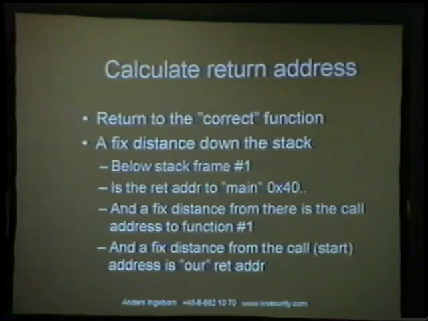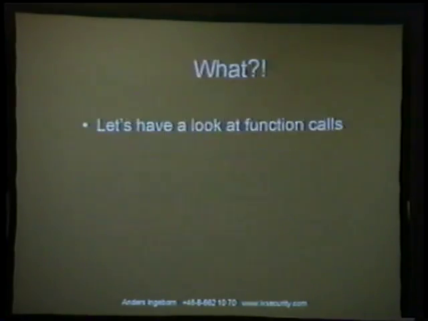And a fixed distance from that address is the call address into function number 1, and a fixed distance down the library address from function number 1 is the call to function number 2. What did I just say? Did anyone get it? Did all of you get it, maybe?